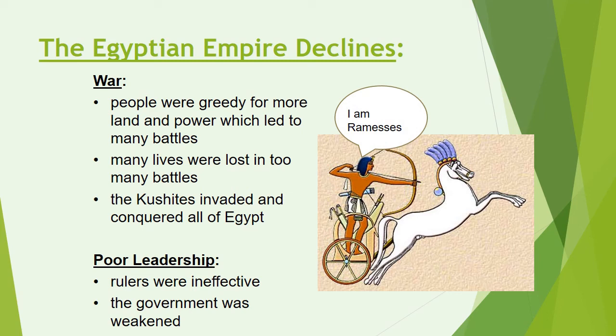Poor leadership. Rulers were sick. They maybe had a sickness like Tutankhamun, though we still don't know if Tutankhamun was actually sick. The government was weakened, with less power, and rebellions were coming.